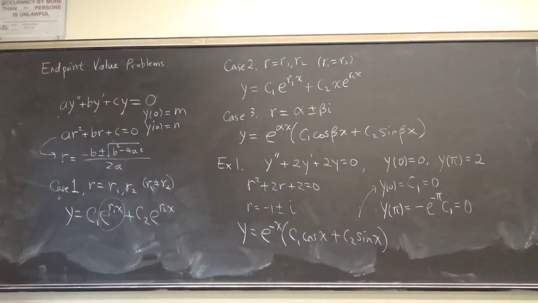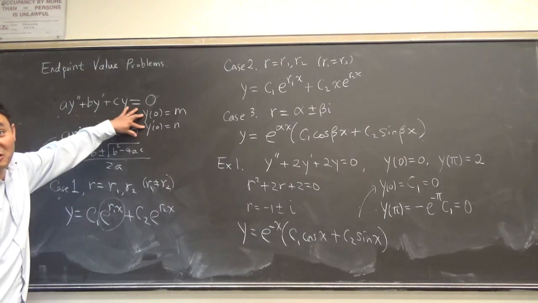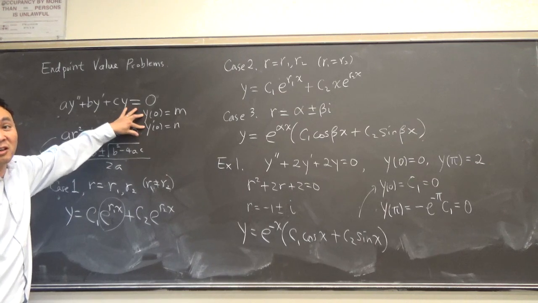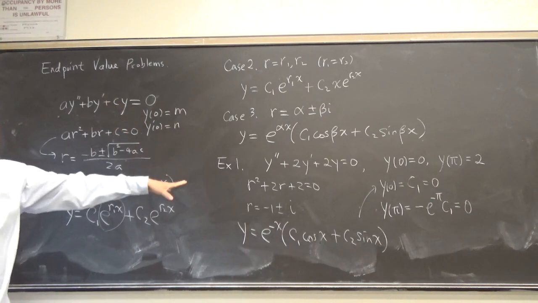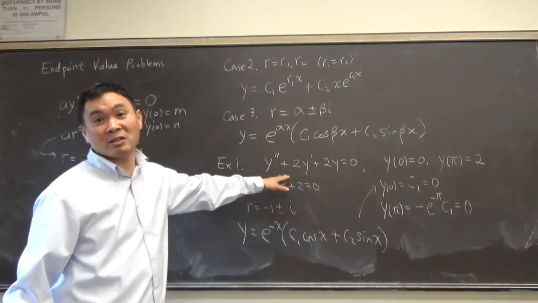That's why the initial conditions are given with one derivative and one regular value. If you're given a question that looks like this, then there always exists a solution, and the solution will be unique. But that's not true for endpoint value problems. Sometimes you might not see a solution.